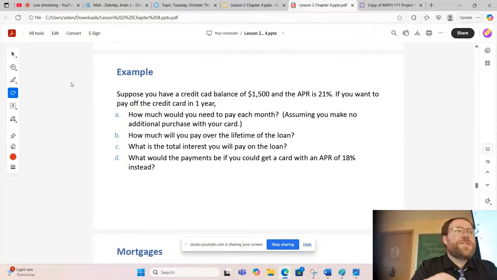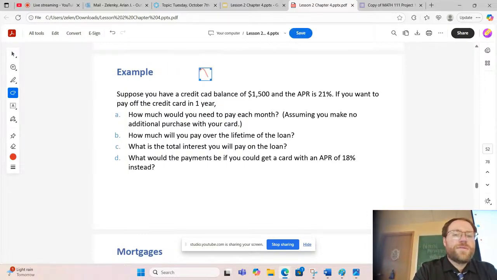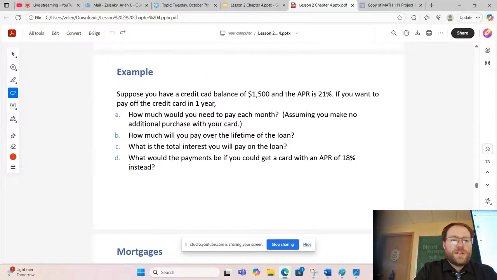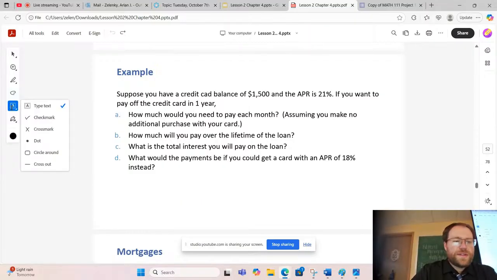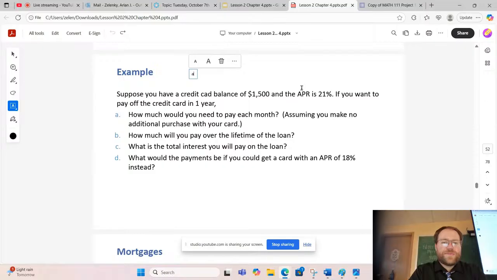Now again, compound interest means that we are dealing with P times (1 plus r over n) all to the nt power.